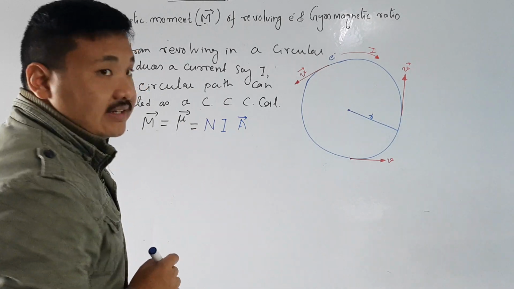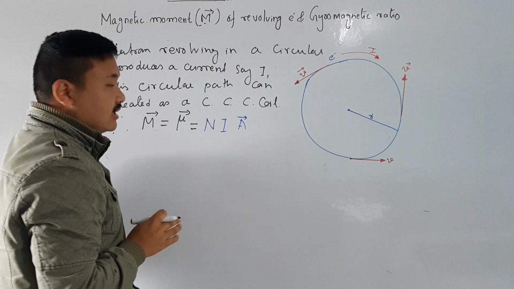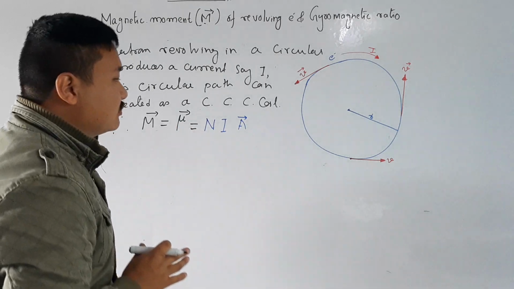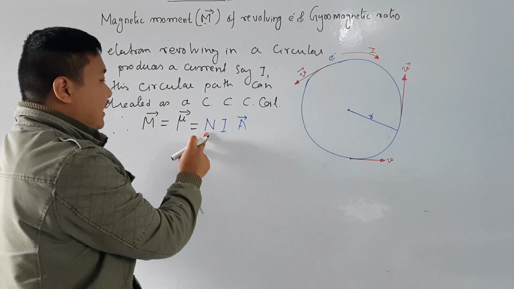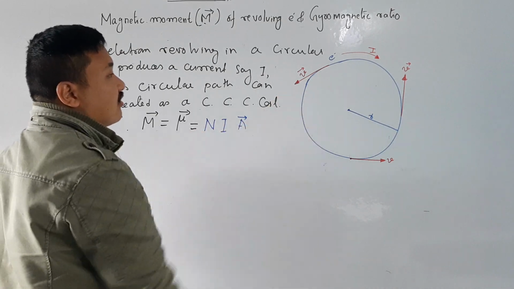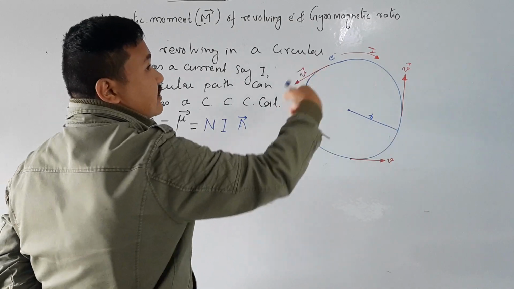Okay. Now in the next steps, I will not put the vectors here. You can always put it, but I will not put the vectors. So what is n? N is number of turns of coil, but here n is number of cycles.